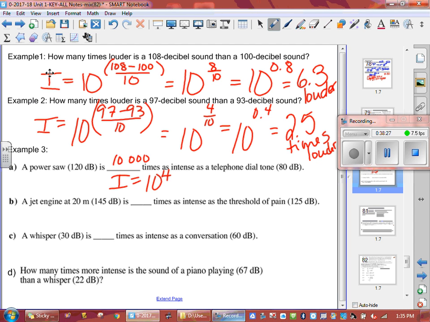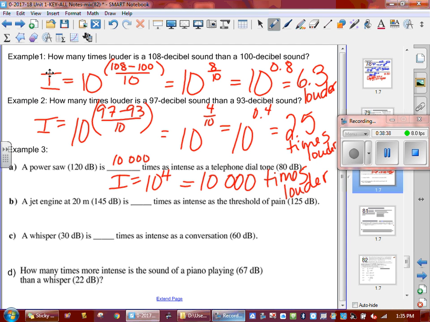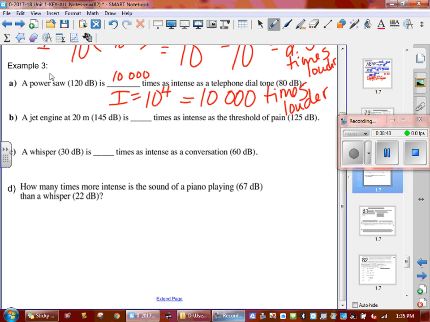Now we're going to take a look at a jet engine at 20 meters. So you're 20 meters away from the jet engine versus the threshold of pain, 125 decibels. So 145 will make your ears bleed. So I equals 10 exponent 145 minus 125 all over 10.